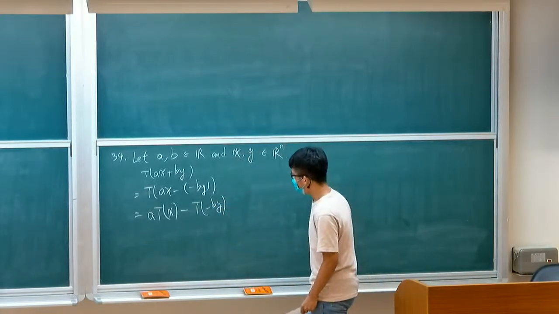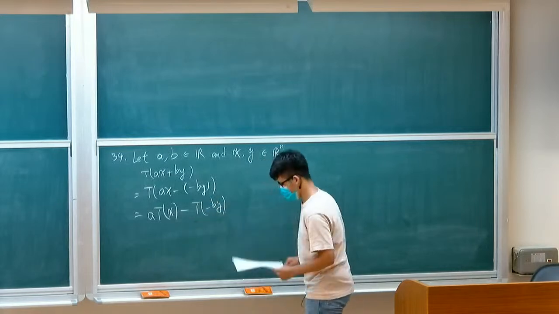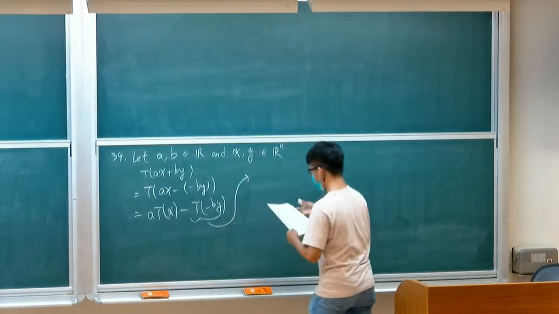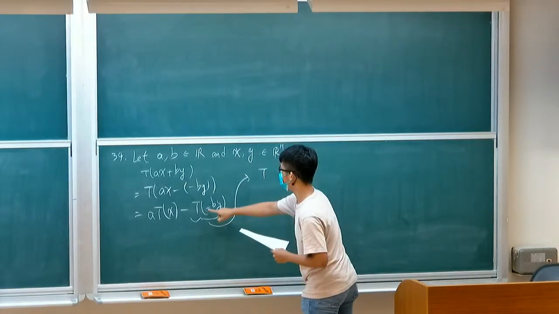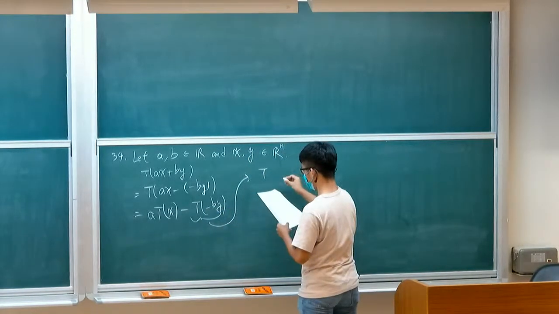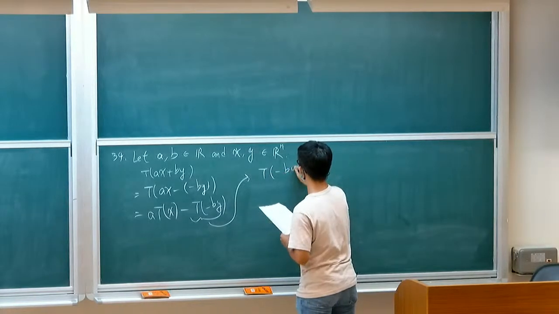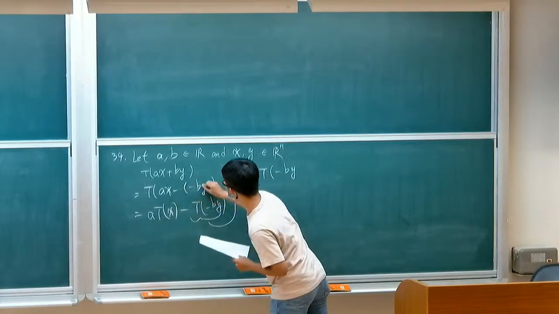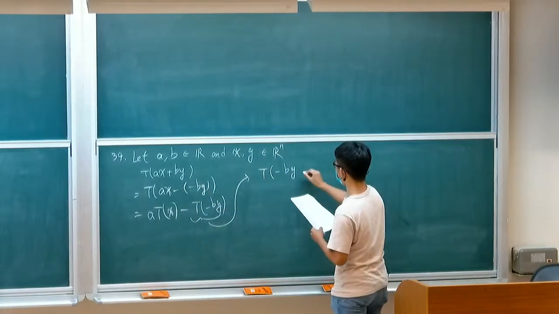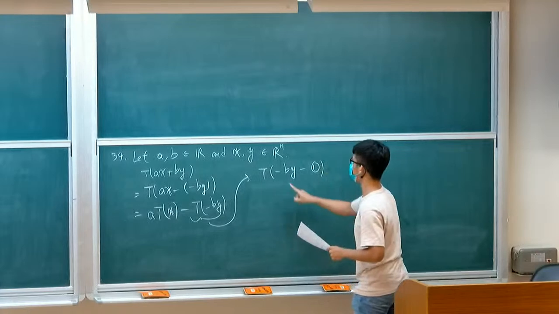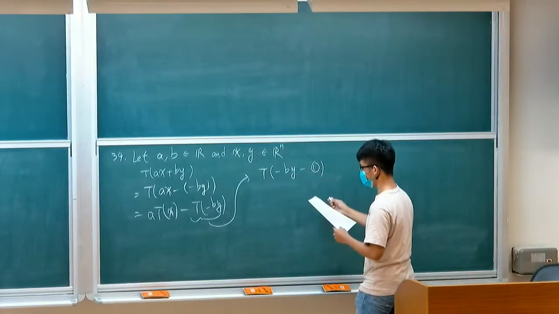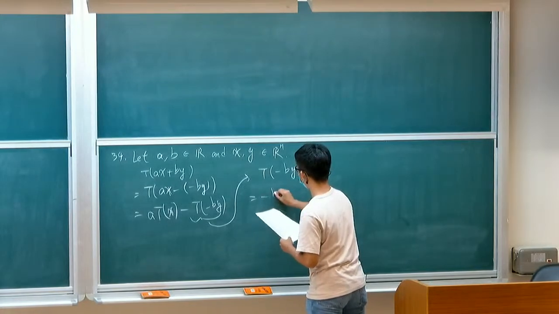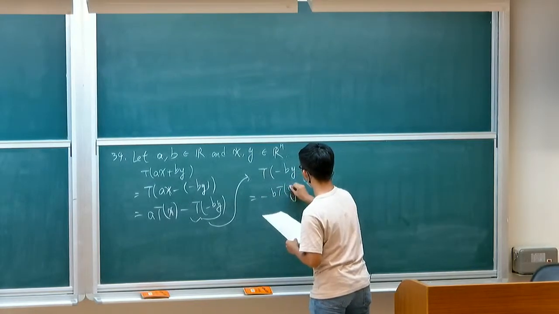Then what is this term? We can rewrite T of minus by as minus by minus a zero vector.